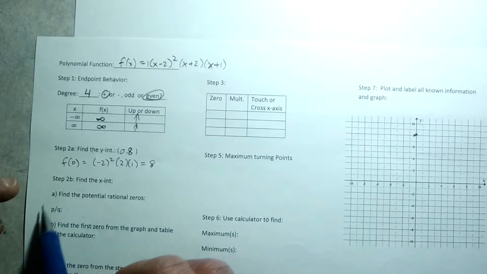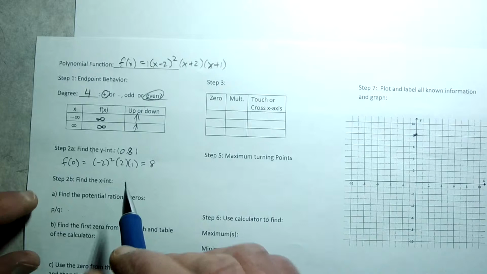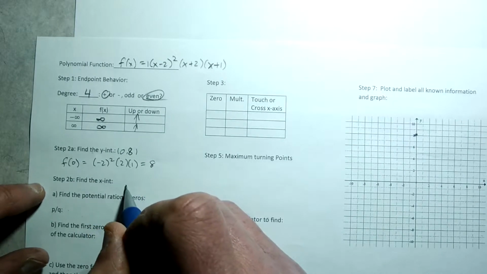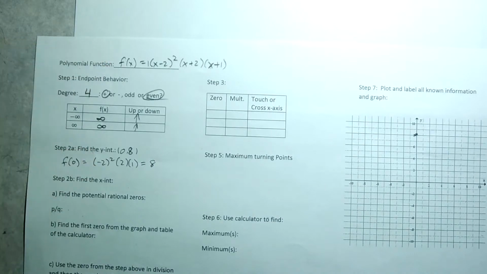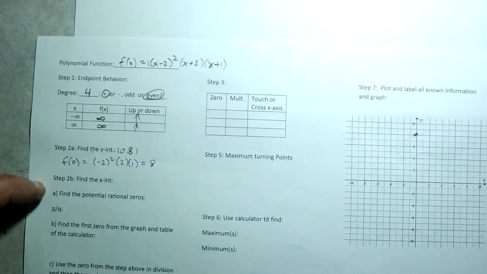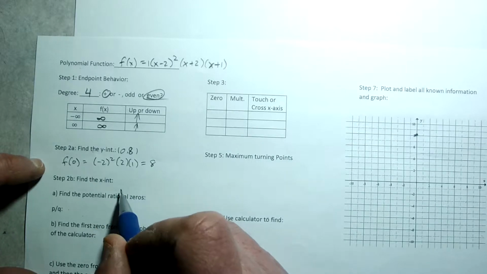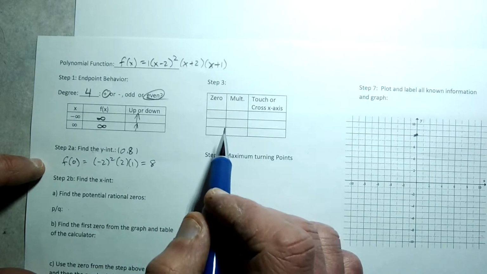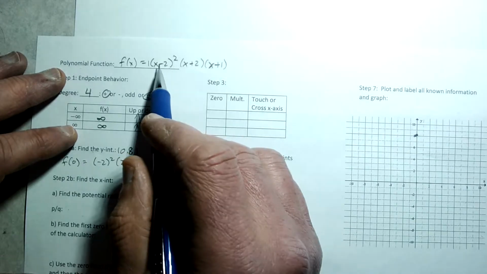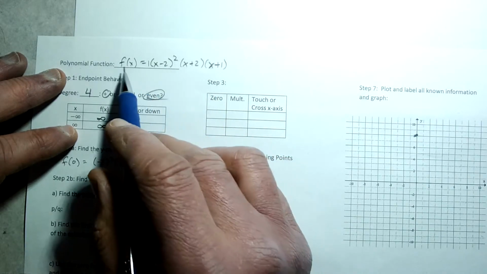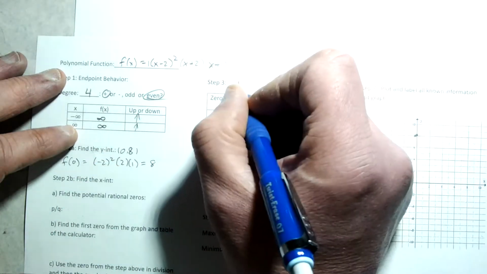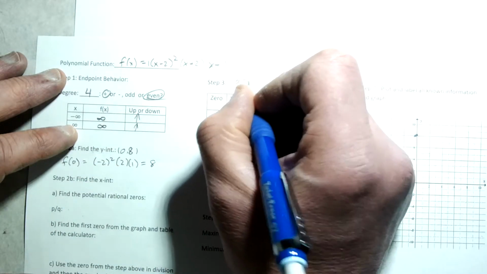The x-intercepts are going to come out of our factors. In the next section, we're going to actually have to break the function up into factors, and then we'll be using this information right here. But we could go directly and talk about the x-intercepts and put them right here in step 3. Because if you have these factors, and you use the zero product property where you let y be 0, that would be where you would find your x-intercepts.